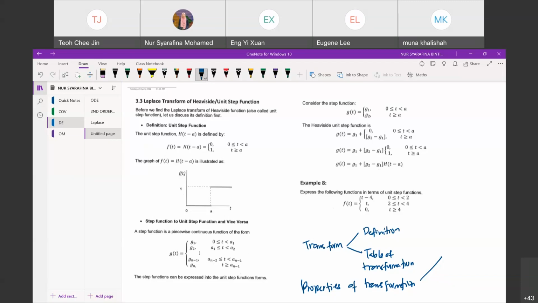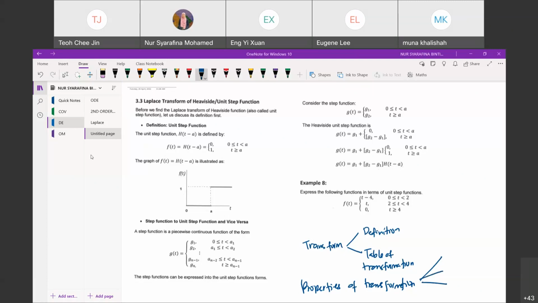Okay, first shifting. Other than that, t to the power of n, and linearity. So we have learned three properties: linearity, first shifting, and multiplication by t to the power of n.